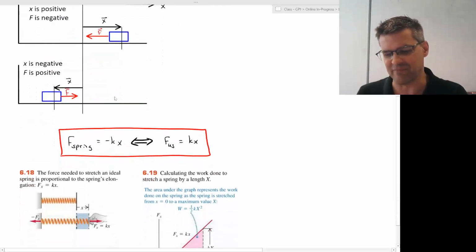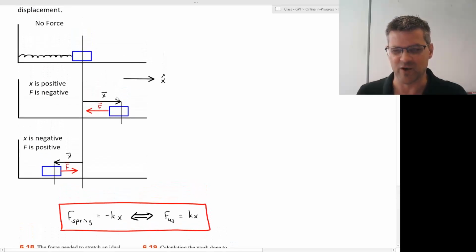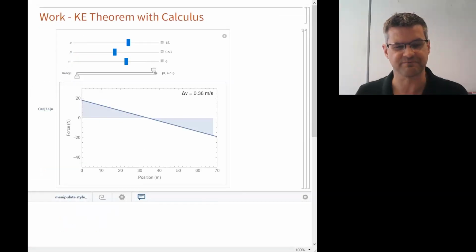And the reason why I had Mathematica up is because what we were apparently looking at on the previous problem that we just did was a spring. So here, we have force that is linearly related to position. There is a position where force is equal to 0, right? Anything to the right of that position applies a negative force.